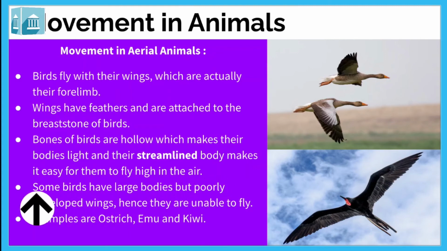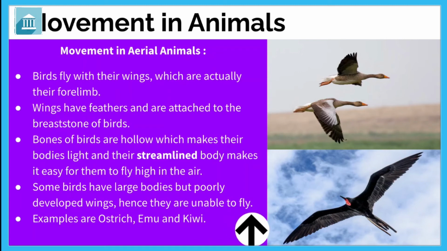Some birds have large bodies but poorly developed wings, hence they are unable to fly. Examples are ostrich, emu, and kiwi.